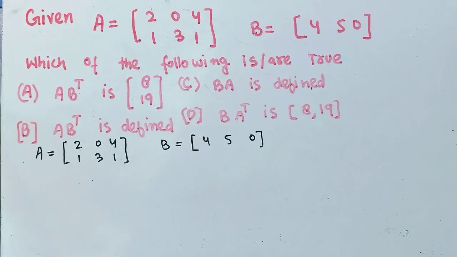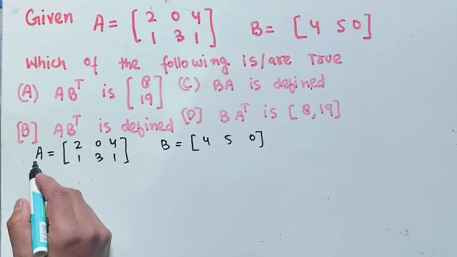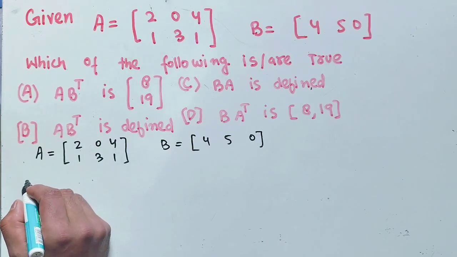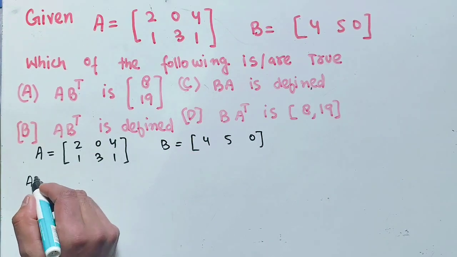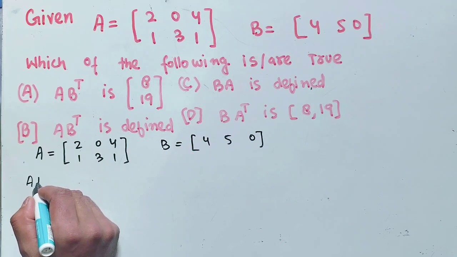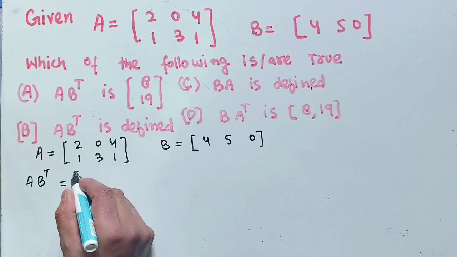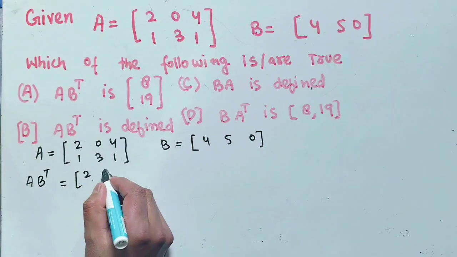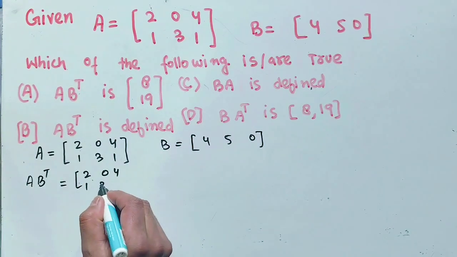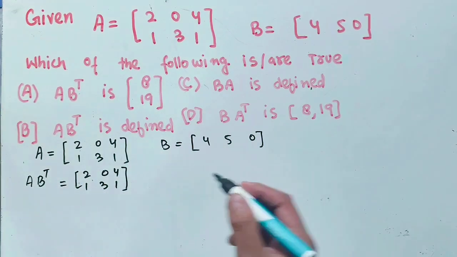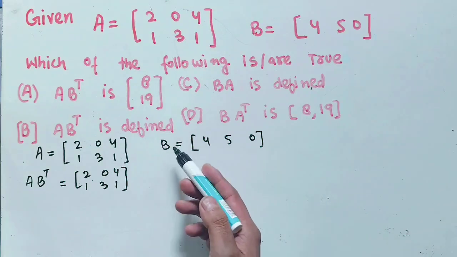Let us check the first one. So A is this, so can I write A times B transpose is equal to 2, 0, 4, 1, 3, 1. Now what is the transpose of B?